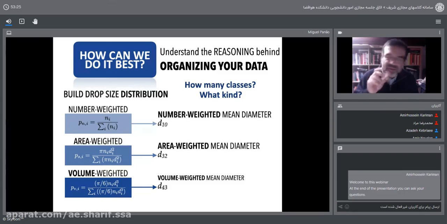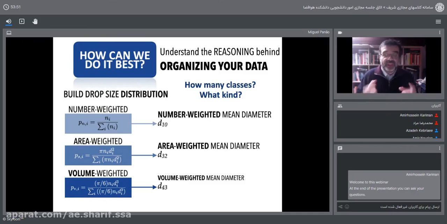Why might this transition be important? Because it will focus you on the physics. What do I mean by this? For example, why is the Sauter mean diameter, or the area-weighted mean diameter, so important in combustion? Because combustion is a process that leads to the vaporization of the droplet.